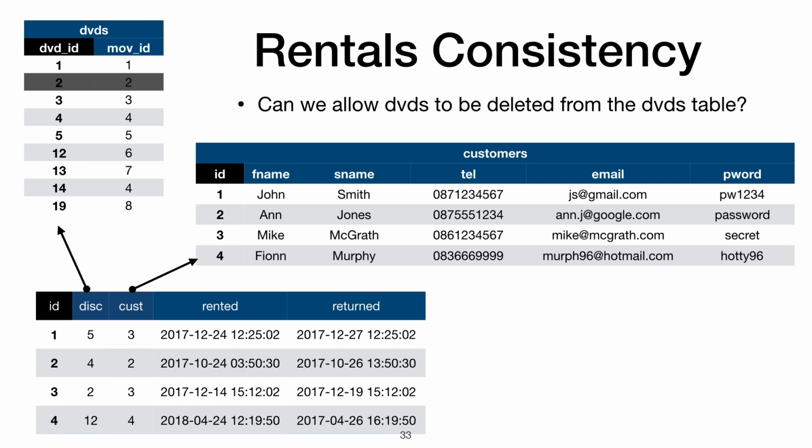If we allow DVD ID number 2 to be deleted, it's going to cause a problem in our rentals table, because we'll be talking about a disk that was rented, but we no longer know what disk that was, just that it used to be disk ID 2. So we really shouldn't allow any deletions from the DVDs table if they still appear in the rentals table.